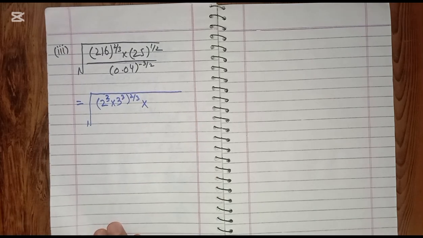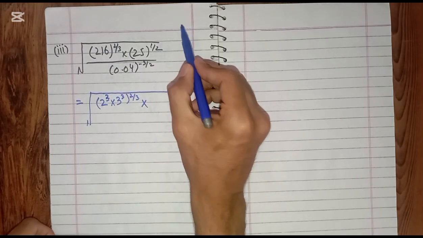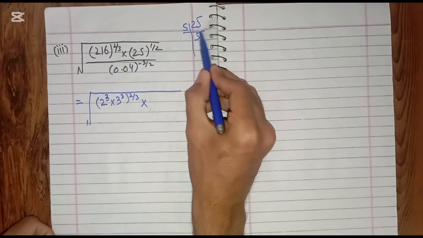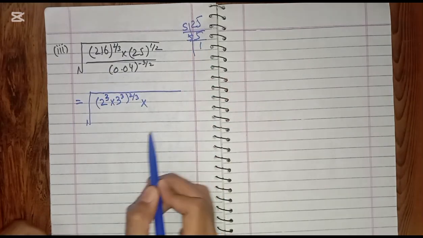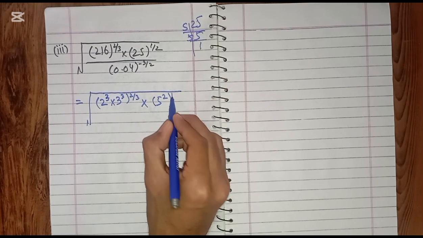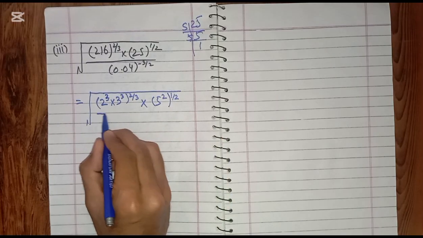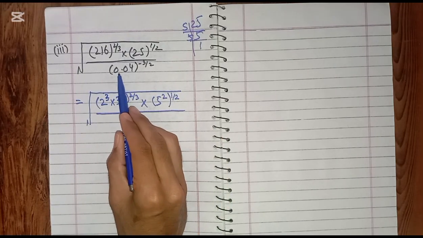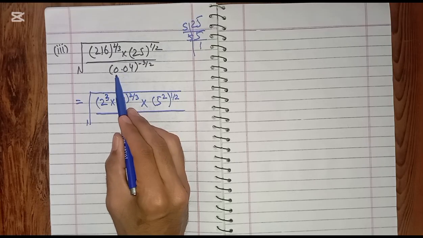Multiplying with 25, first we make the factorization of 25: 5 5s are 25 and 5 1s are 5, which means the factorization of 25 is 5 power 2, and whole power is 1 by 2. In the denominator there is 0.04, which is in decimal form.